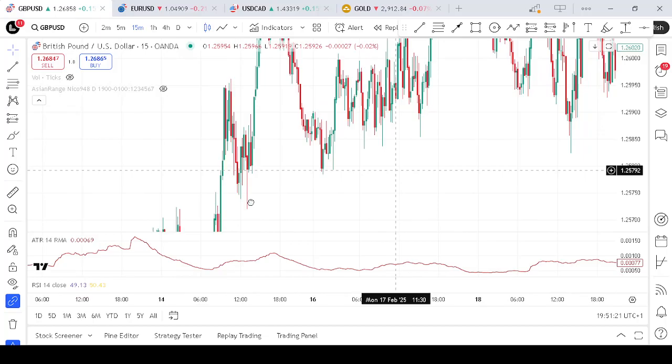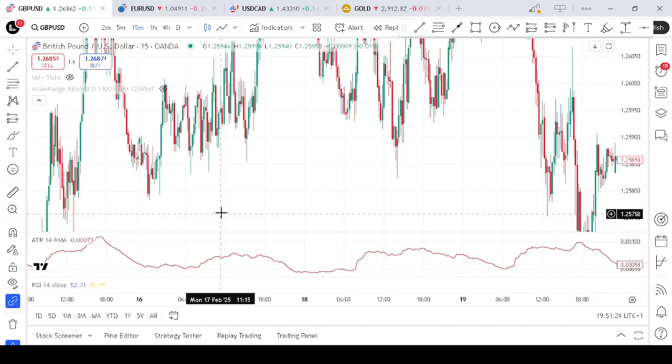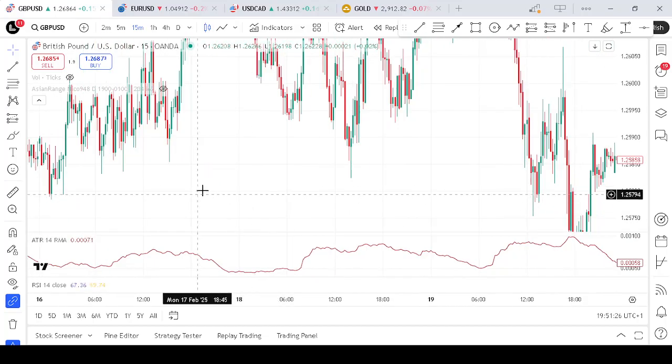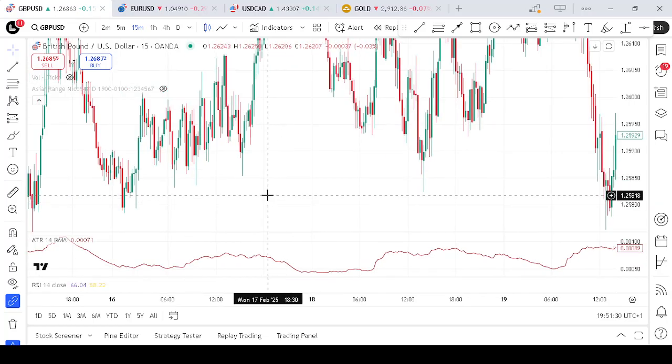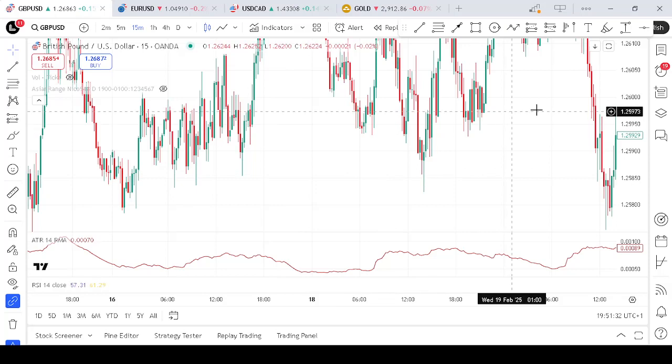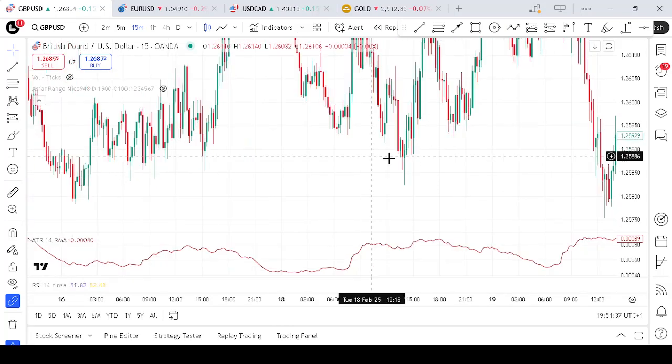Market psychology during this quiet period also plays a significant role. Traders often become less active, leading to tighter trading ranges and more predictable price movement.